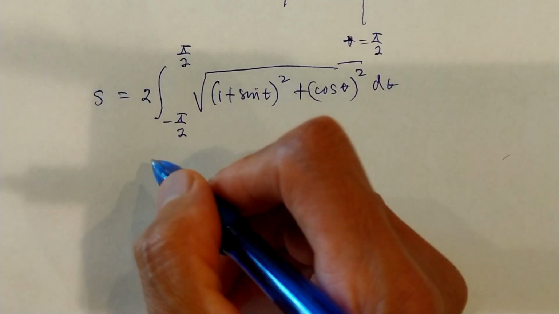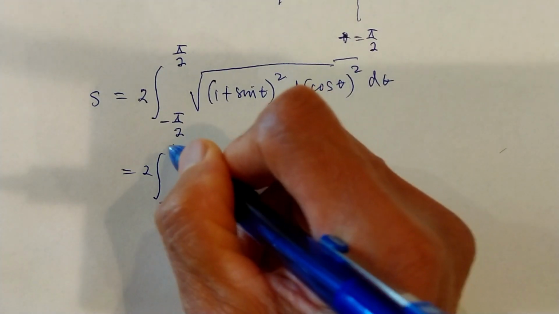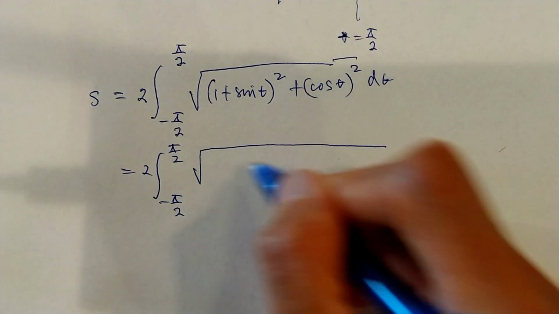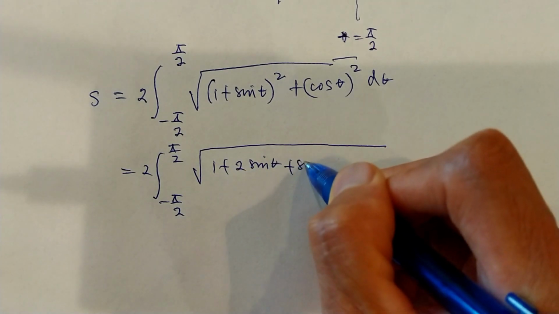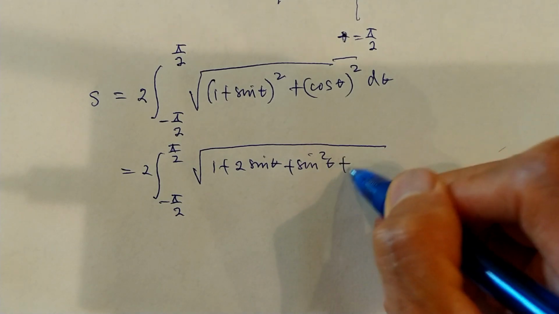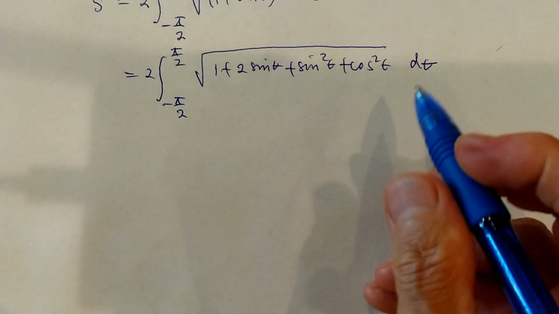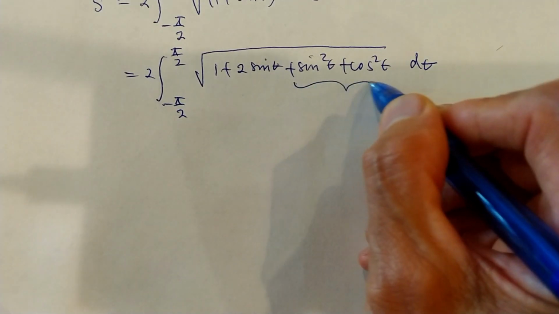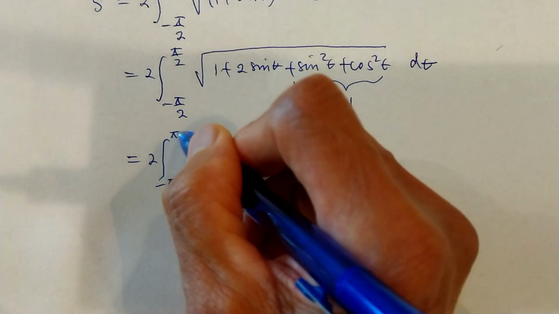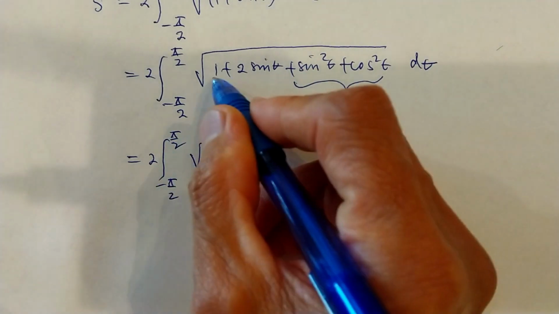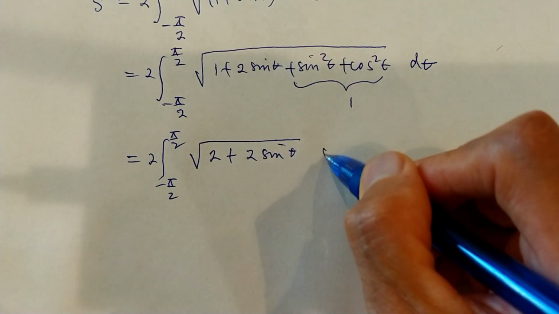Simplifying this, we get 2 times the integral from negative pi over 2 to pi over 2 of the square root of 1 plus 2 sine theta plus sine squared theta plus cosine squared theta d theta. We notice that we can simplify this: sine squared plus cosine squared is equal to 1. So our integral becomes 1 plus 1 is 2, plus 2 sine theta.